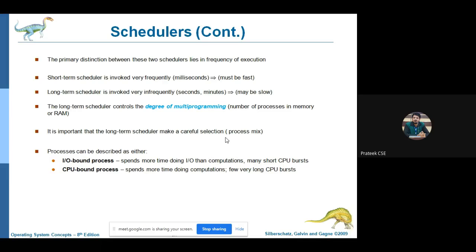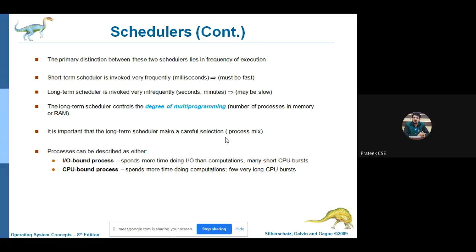Then after the time quantum, the CPU will send that process back and the CPU scheduler will again choose one of the processes from the ready state. So this is why it is known as short-term scheduler, because the time for the short-term scheduler is very less. It has to choose the processes very frequently.